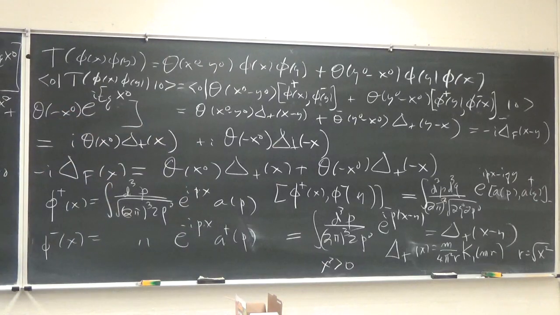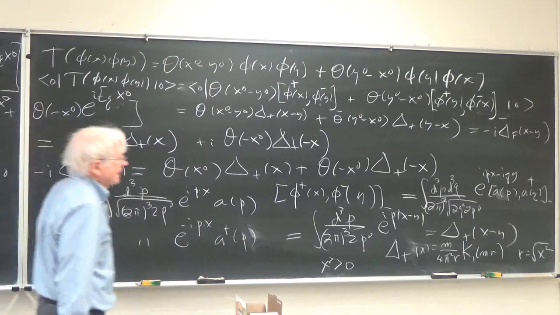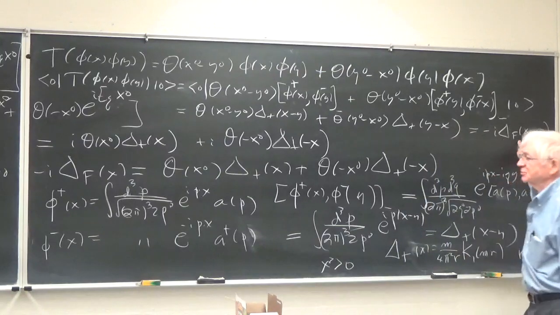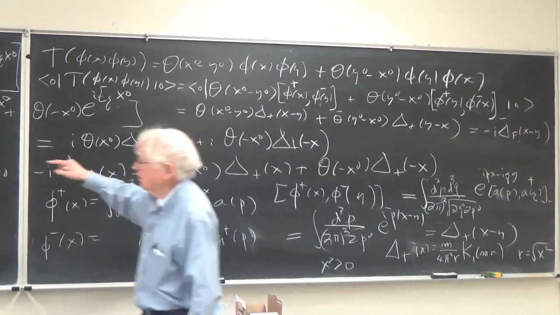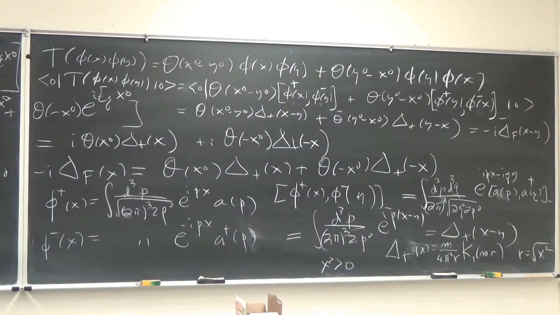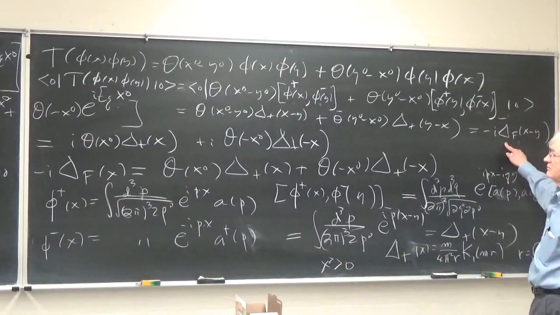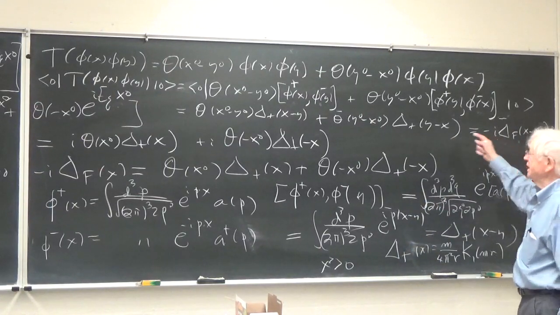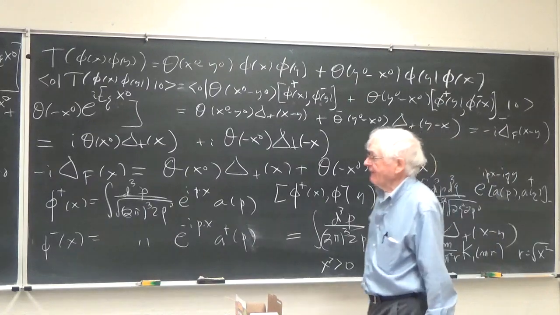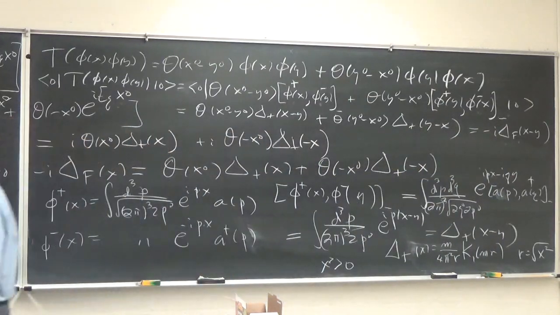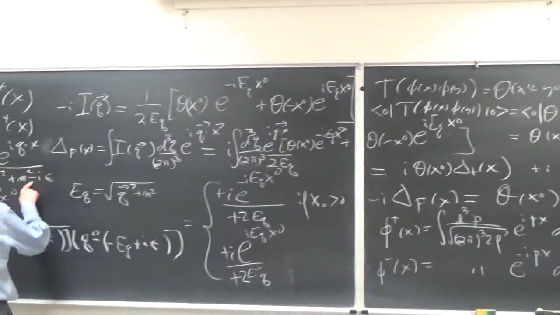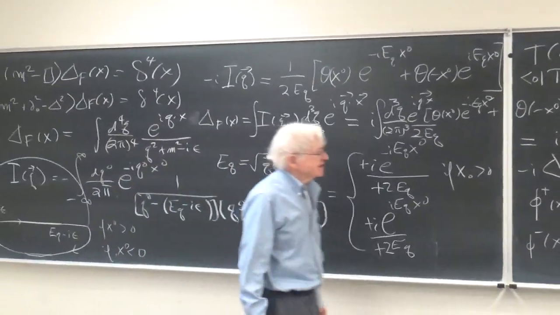So the Feynman propagator for scalar fields is the mean value in the vacuum of the time-ordered product, and it is then minus i times the Green's function that we were talking about over here, and it's the sum of two Delta plus. And we see now what the effect of this minus i epsilon is.